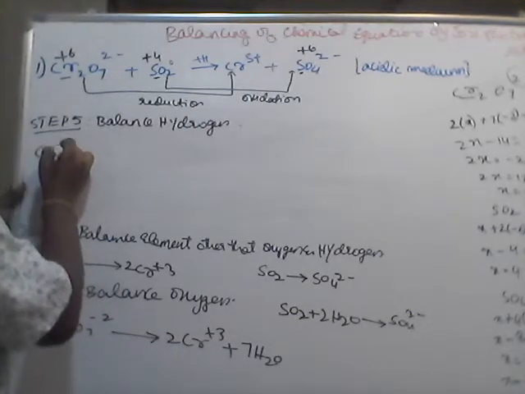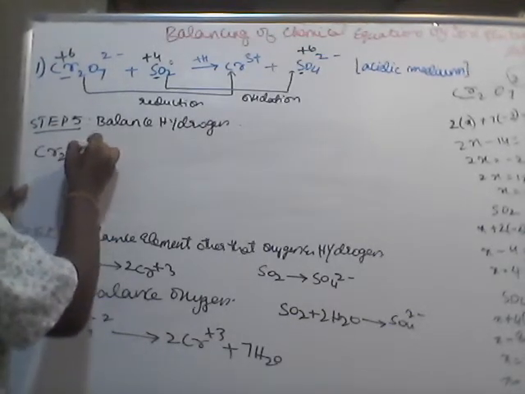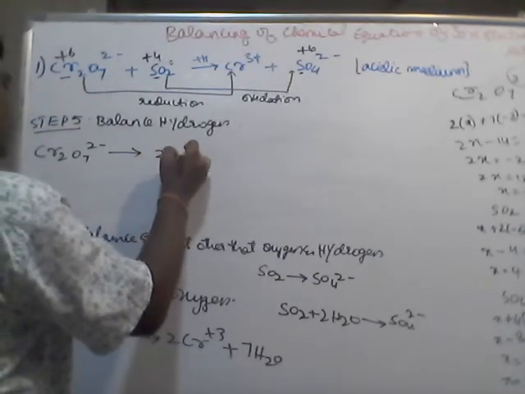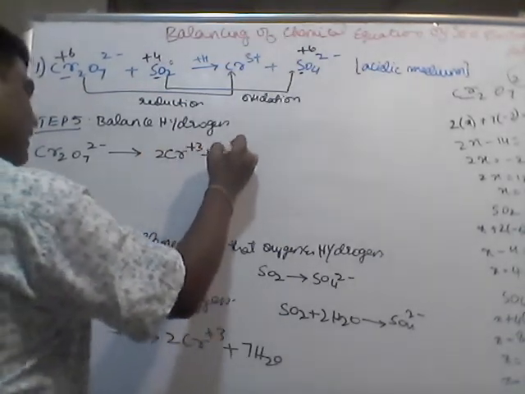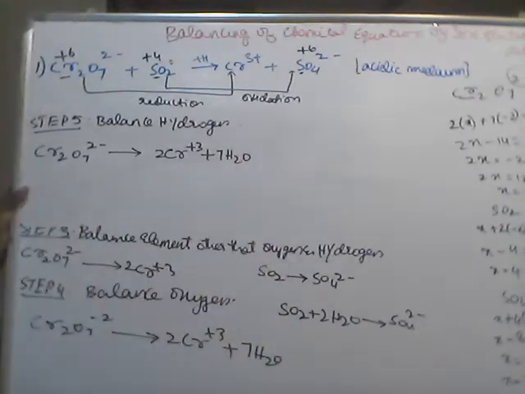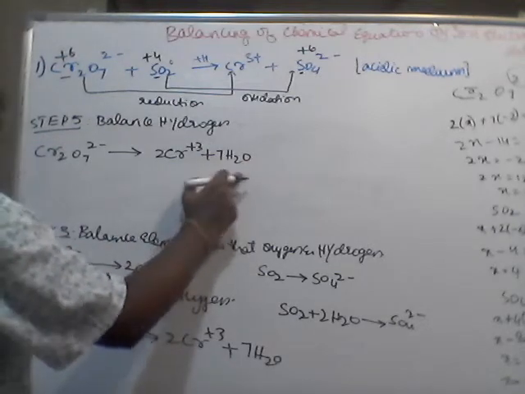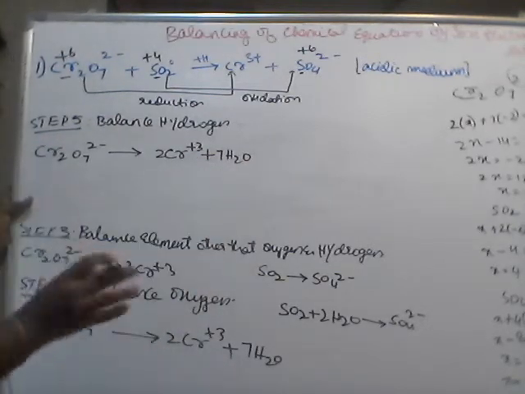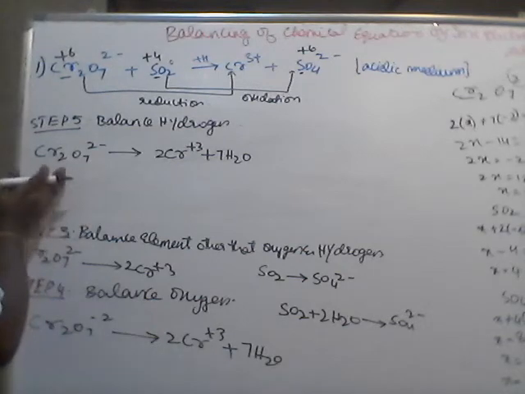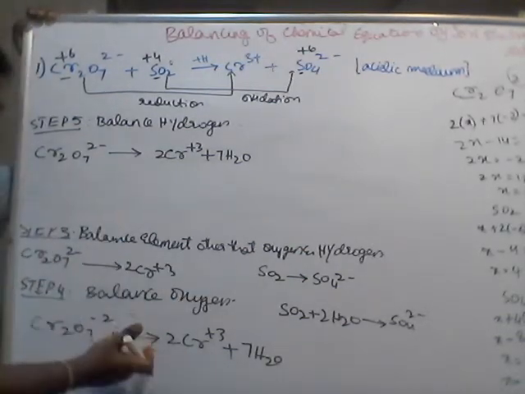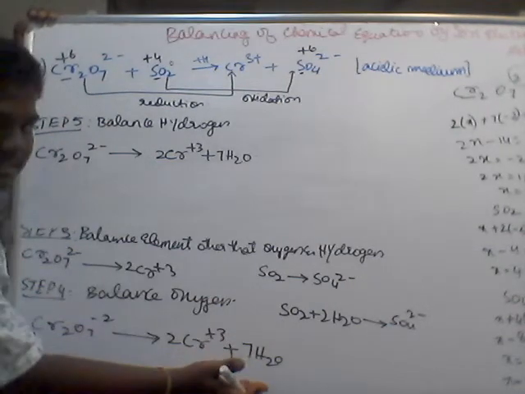Now here I will write the equation that I got. 2Cr plus 3, 7H2O. This is the reduction reaction. Now here there are 7 times 2, 14 hydrogens present. So on the reactant side 14 hydrogens are lacking. Oxygens were lacking on this side, so we added them on this side.